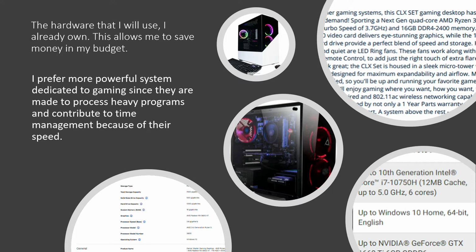Since they're really powerful systems, they tend to process the programs a little faster, which contributes to time management because of their speed. I put some of the specs on there with the memory, the processing core, and also the graphics cards.